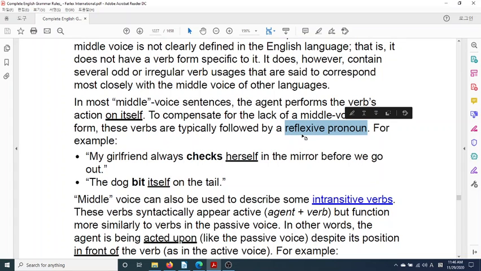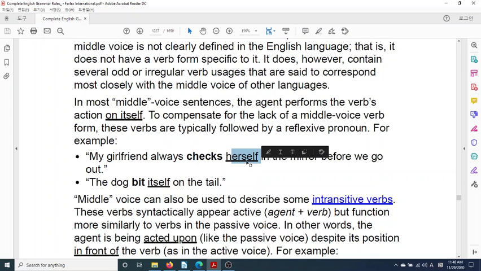If you remember, reflexive pronouns are words that end in self. So herself, himself, itself, myself, themselves.